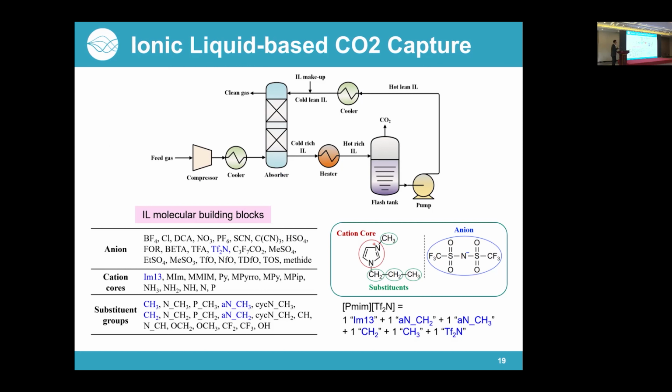This is your ion molecular building blocks. You have anion, you have a cation core, you have substituent groups. And pay attention here, we have many CH3: we have NCH3, we have aNCH3, we have cicNCH3. They are different. NCH3 means this CH3 group is connected with the nitrogen atom on a non-aromatic, and this one is on an aromatic ring.